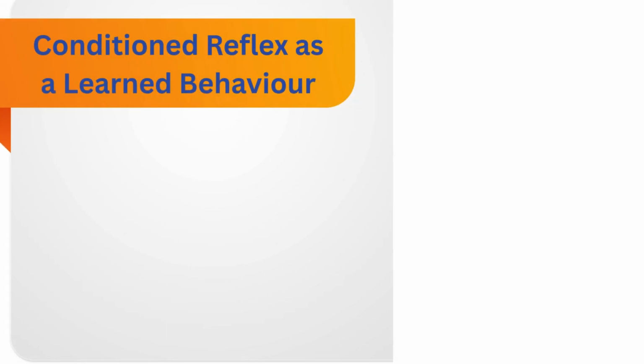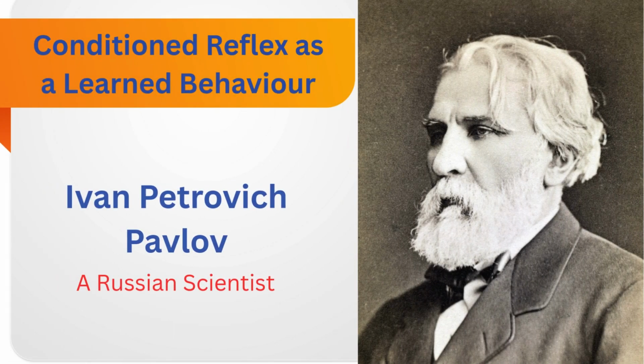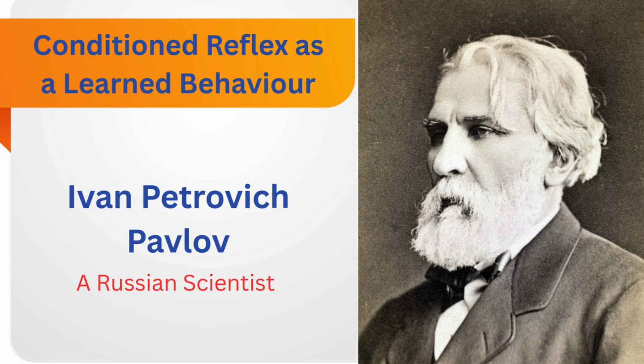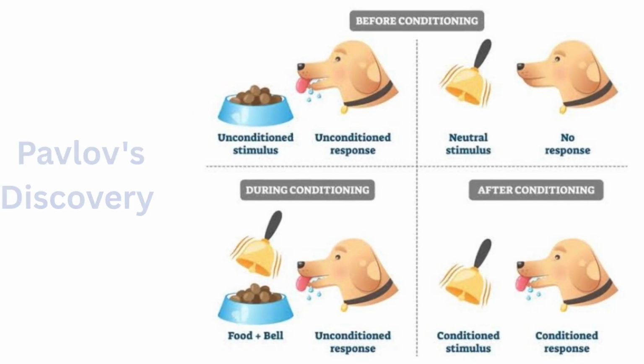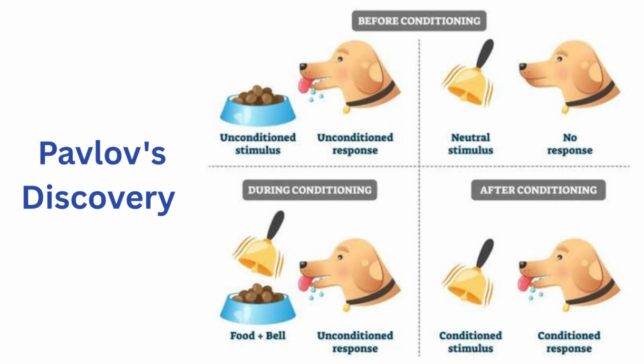Behavior conditioning was first described by a Russian scientist called Ivan Petrovich Pavlov in 1902. He got this from his experiments with dogs. Naturally, a dog's mouth becomes wet or begins to salivate when it is presented with food due to reflex action.